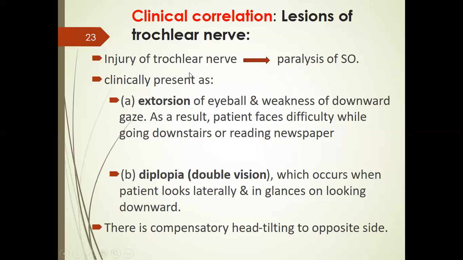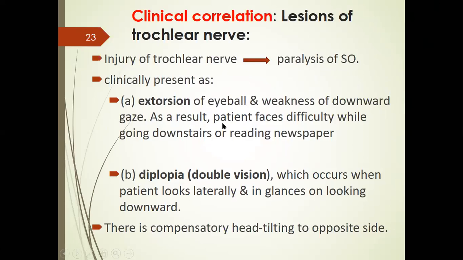Now, clinical correlation of the trochlear nerve. If there is injury to the trochlear nerve, there will be paralysis of the superior oblique muscle. Clinically it presents as extorsion of the eyeball and weakness of downward gaze.